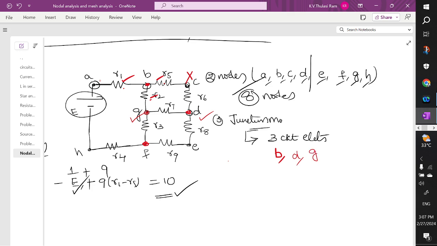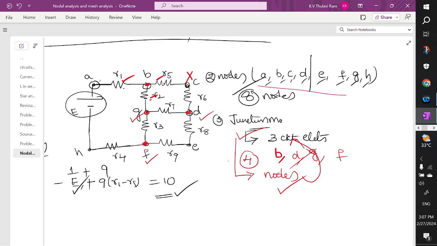So you are going to have B, D, F, G. Total number of junction points is 4. In all, these 4 junction points are again called nodes. Already I told you a junction point can be called a node, but a node is never a junction point.